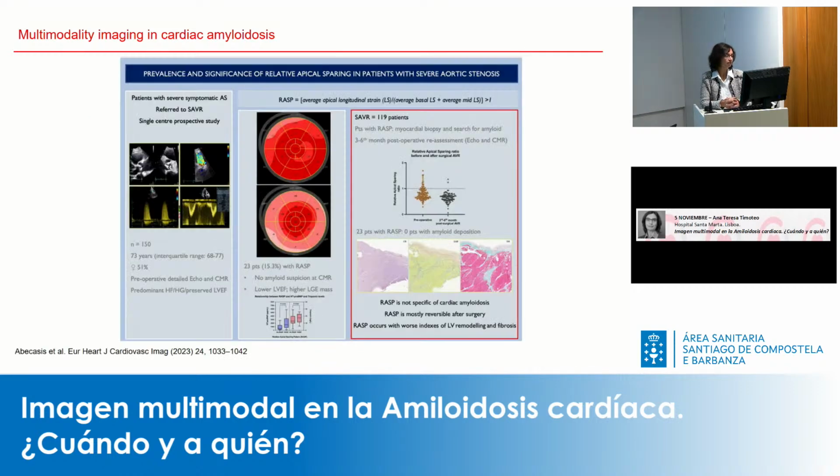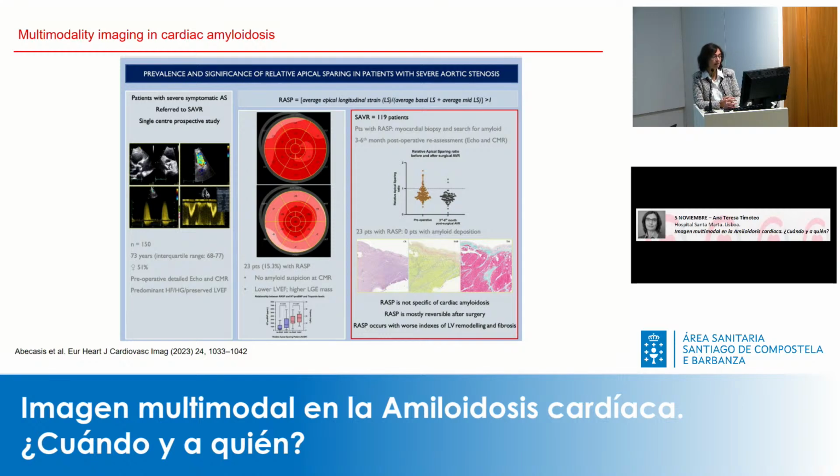This study studied patients with severe aortic stenosis that were referred for surgical replacement of the aortic valve. And this is a very comprehensive study. All patients underwent CMR, and they had a relative apical sparing, which is what we see in some patients with severe aortic stenosis.